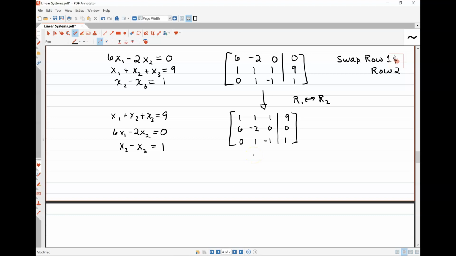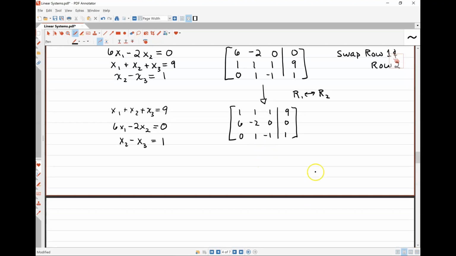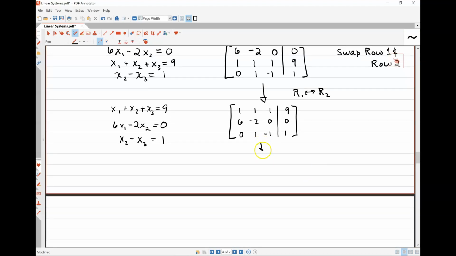The next kind of elementary row operation is multiplication by a constant. The notation that the text uses for this is something like this. If I write 2R1 arrow R1, that means I'm going to multiply row 1 by 2 and put that into row 1. So let's make this transformation. I'm just going to take row 1 and multiply it by 2.